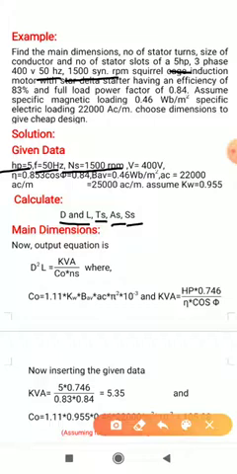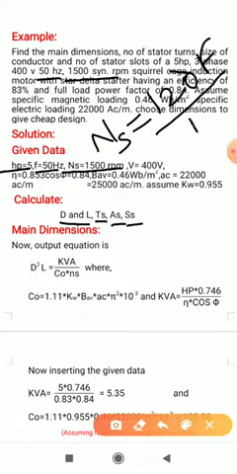Now if NS is 1500 and frequency is 50 Hz, then by the expression NS equals 120 F divided by P, the number of poles is 4.